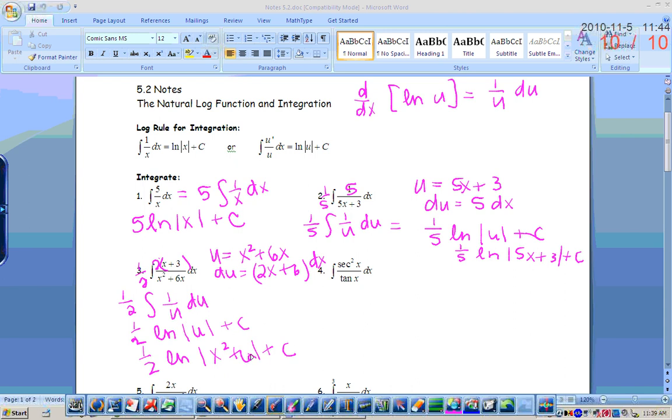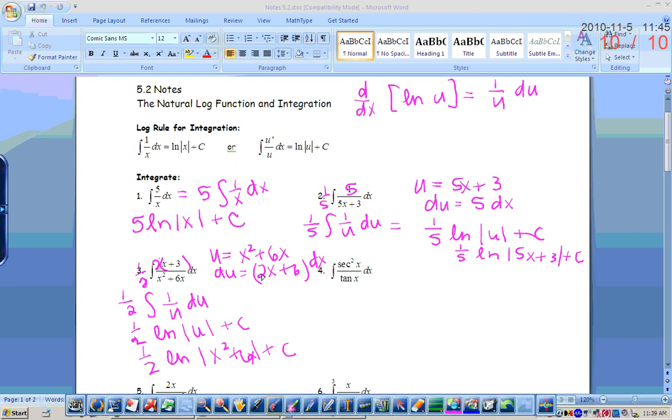6x. Now, if you see some of this, I think a lot of you very quickly will be able to skip the U-substitution part. As long as you're honest with yourself and you recognize when you really need to go through the U-substitution and when you can just visualize it and get to the end, I'm okay with that.